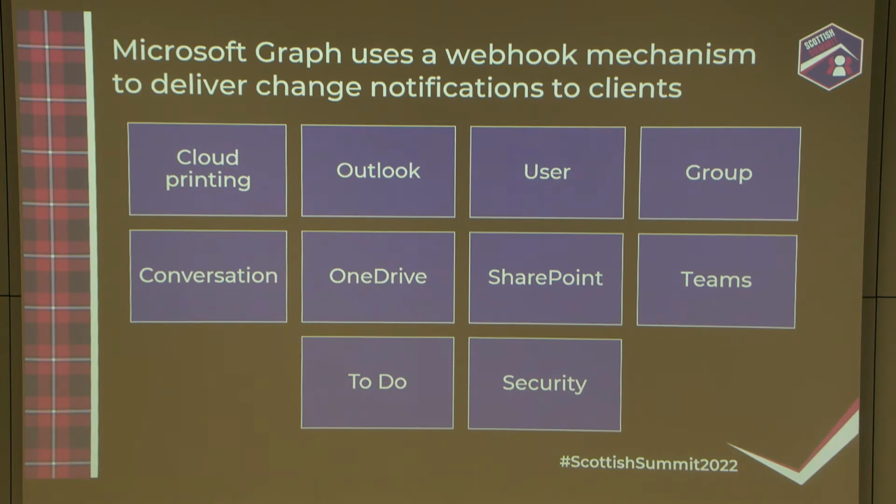And this feature is available in many data sets, including Outlook, User, To-Do, Teams, and so on. So let's say that there's a new chat created on Teams, and someone pings you on Teams. You want to get this message and do something with it, then you can actually subscribe to the change notifications, and you will be informed about that data.